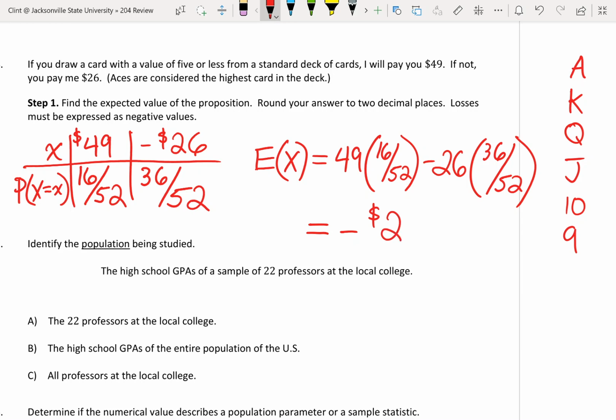That's what I got. Negative $2.92. Good deal. That sounds about right.